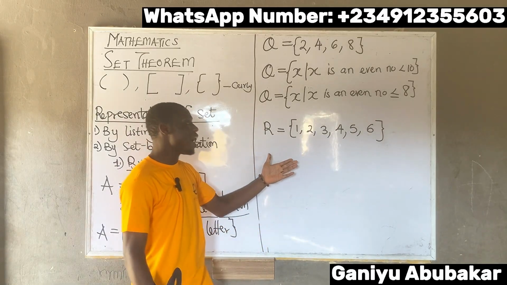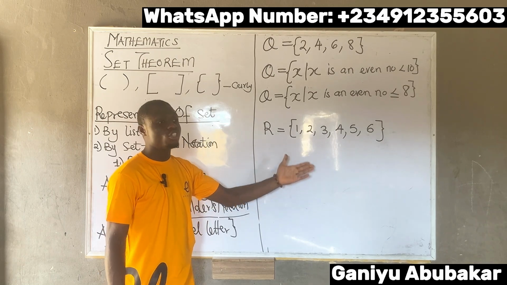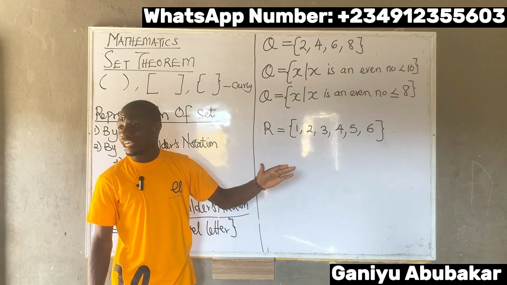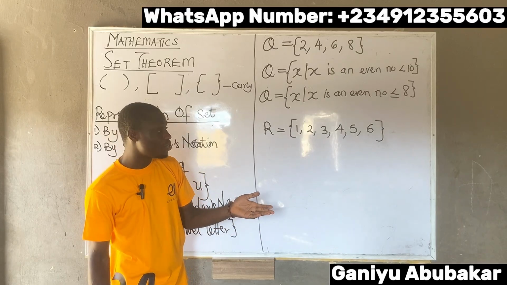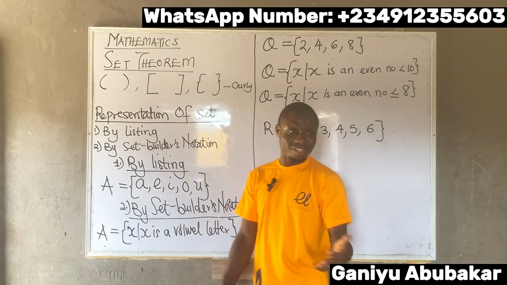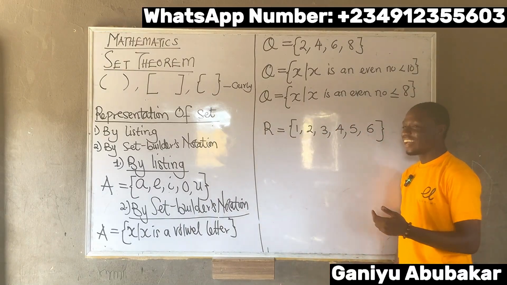So I can come and say R is equal to x, such that x is a natural number less than what?